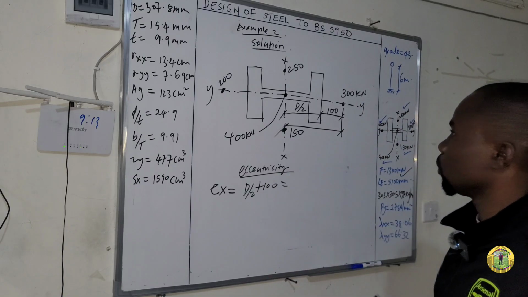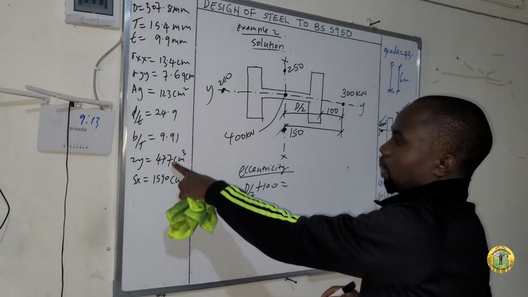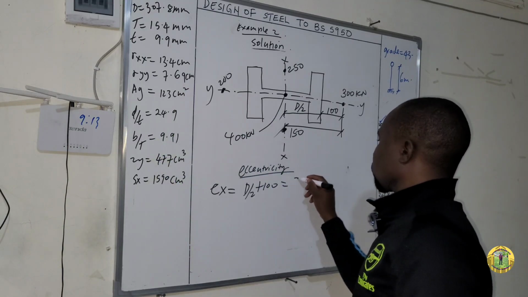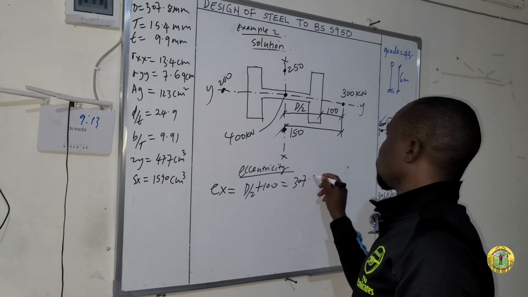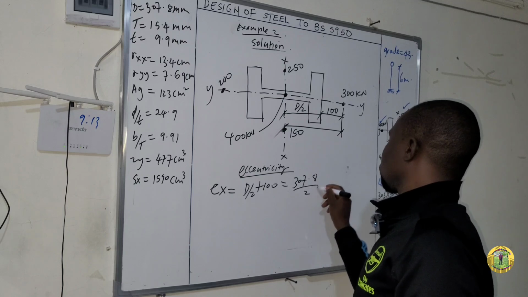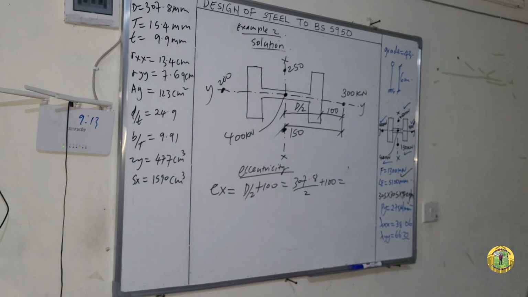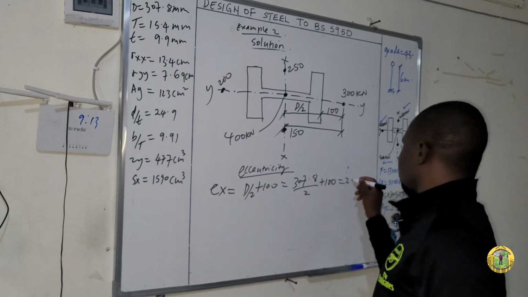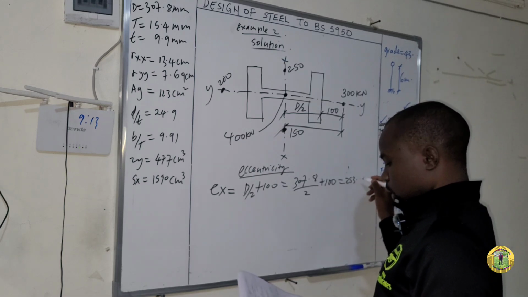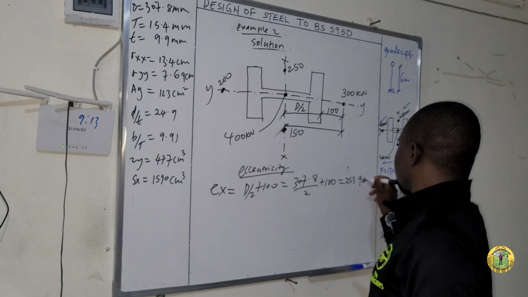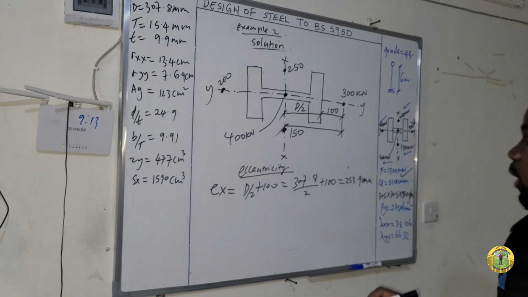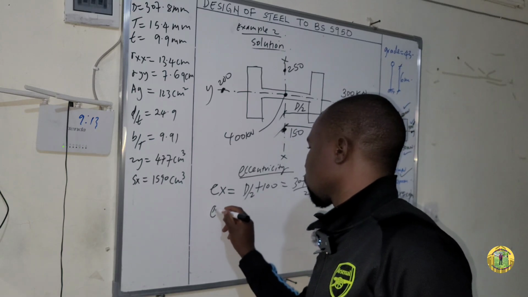D is here 307.8, over 2 plus 100. So this one is equal to 253.90 millimeter.